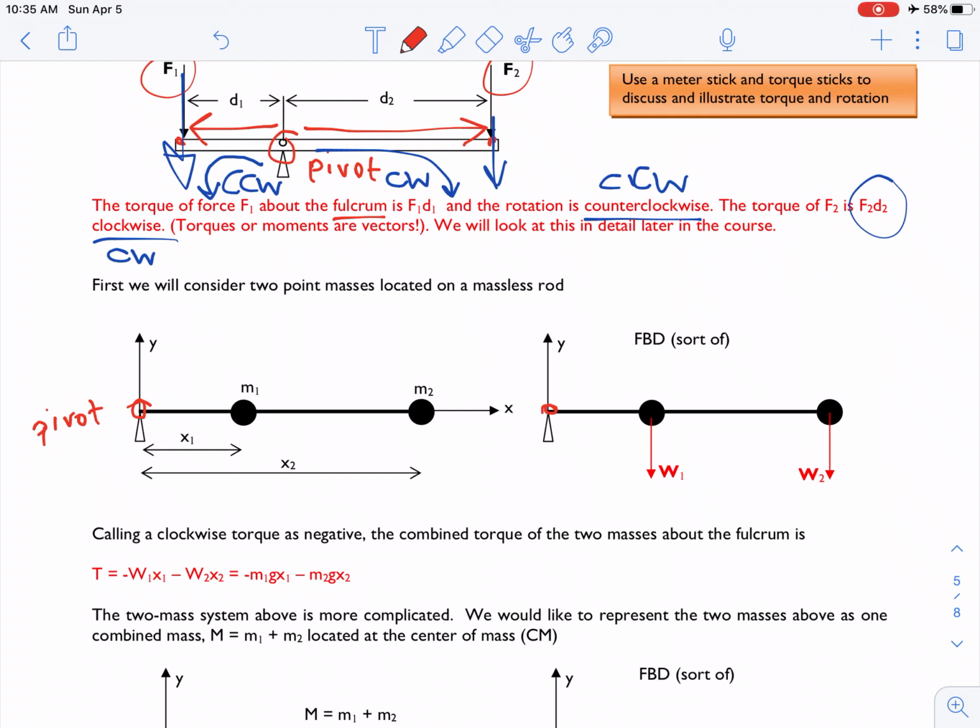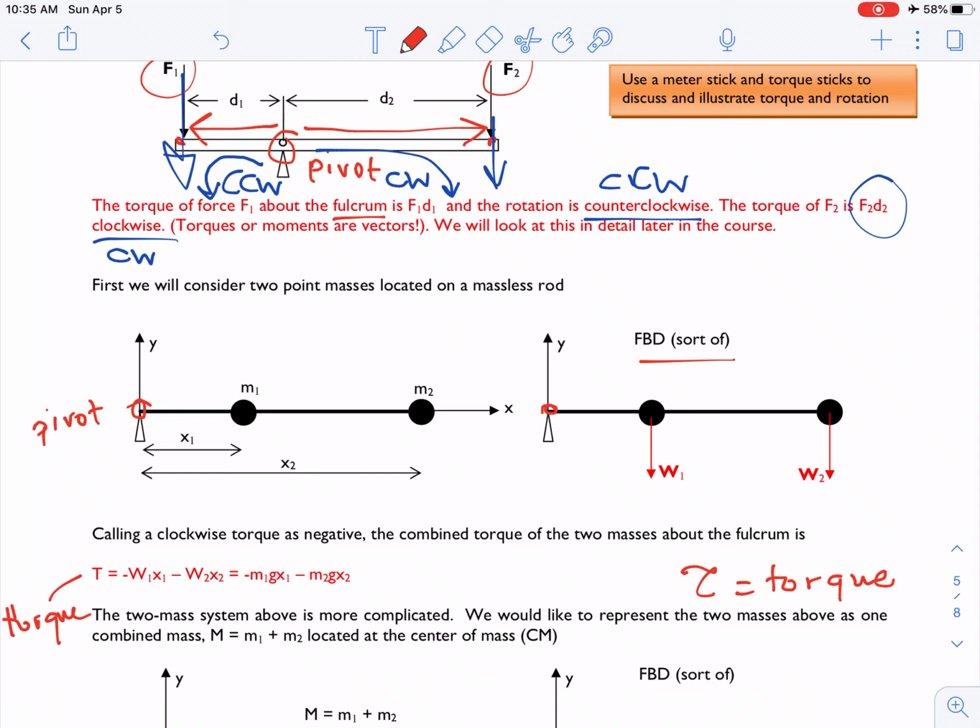Calling a clockwise torque negative, the combined torque of the two masses about the fulcrum is going to be, so this T is not tension, okay, it is torque. And usually when we show torque, I don't use a capital T, I use a curly T, that is the torque.